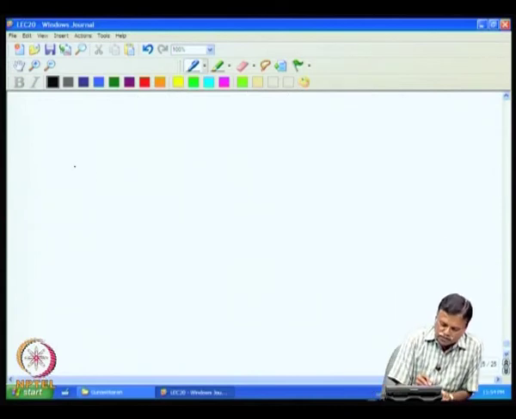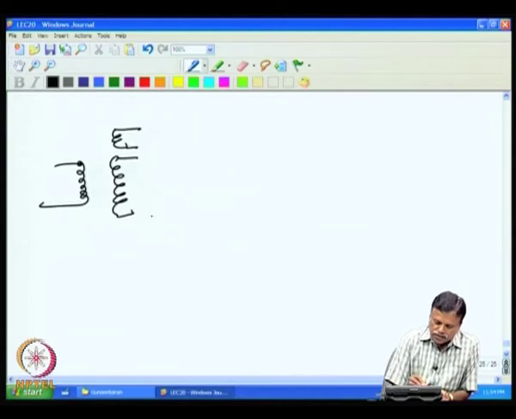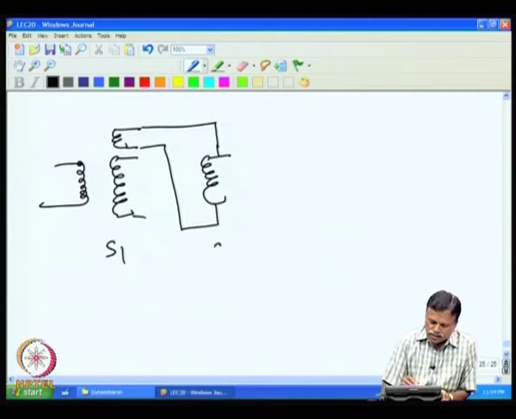We start from our primary, then we have S1 with its own auxiliary winding, which energizes S2.